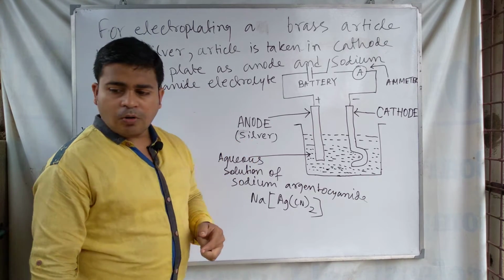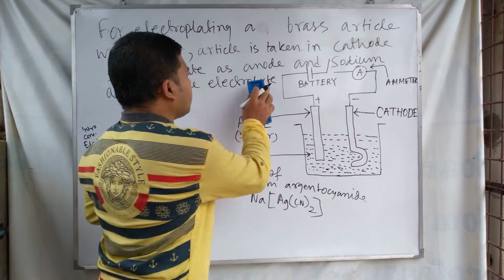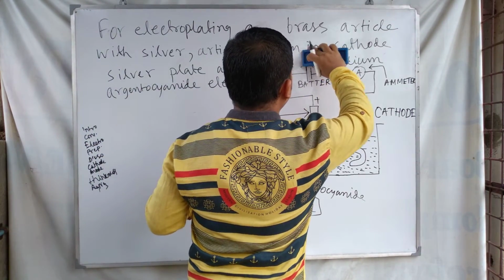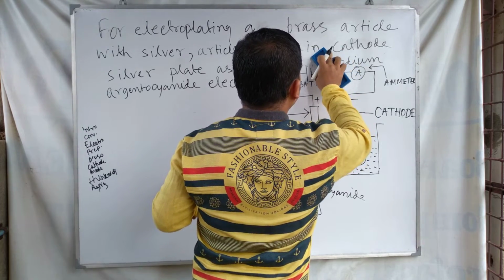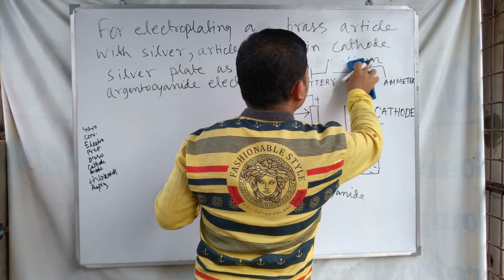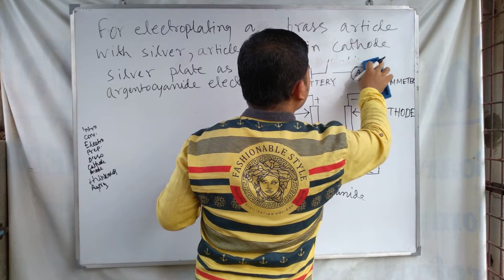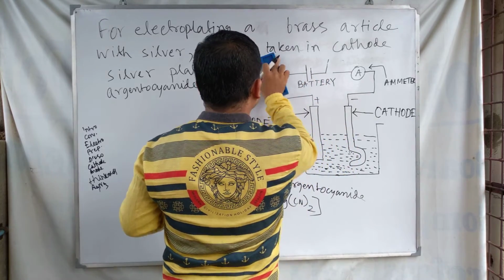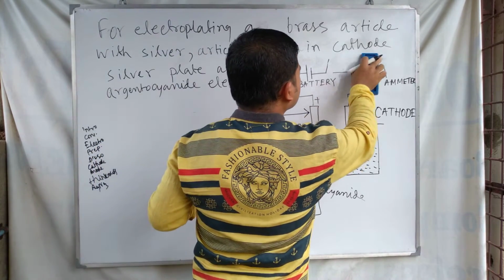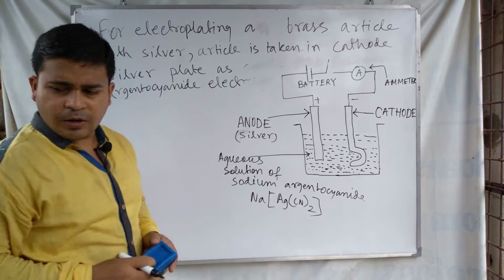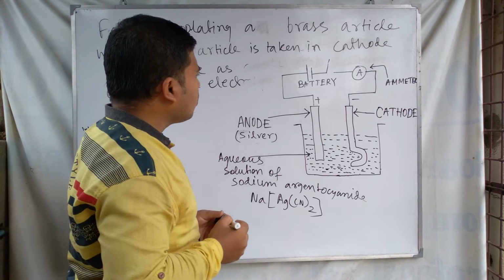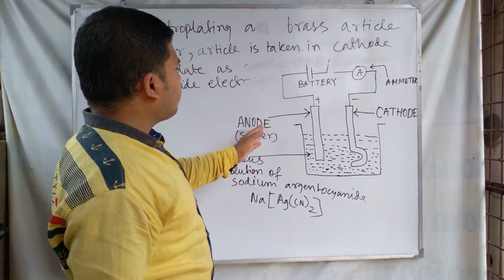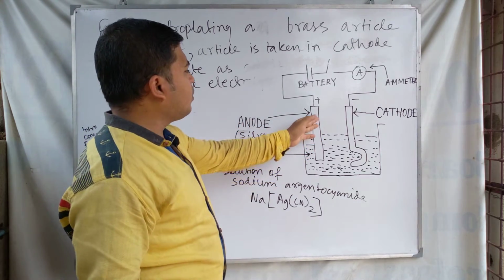So this one is the anode. The anode is made up of a silver block.